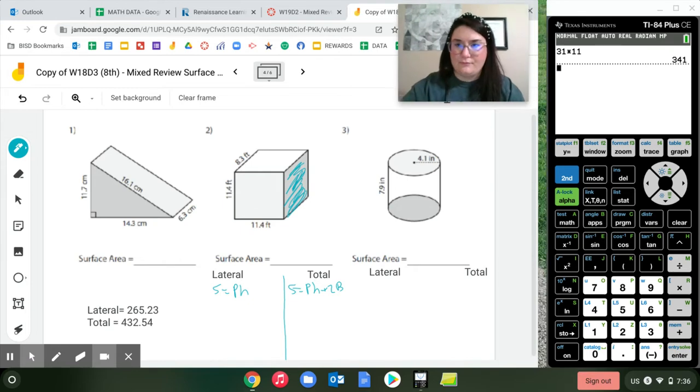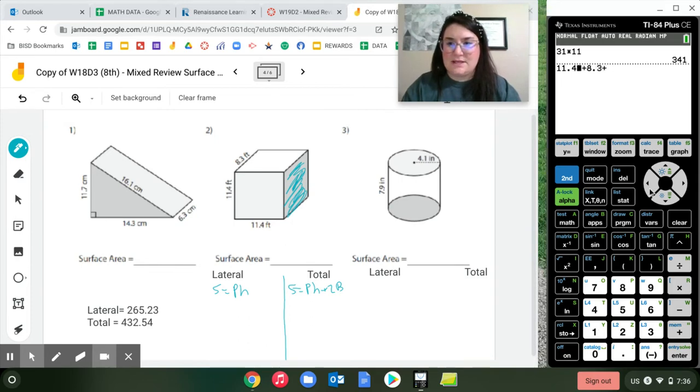So we have 11.4 plus, it looks like this length is going to be 8.3. So plus 8.3.